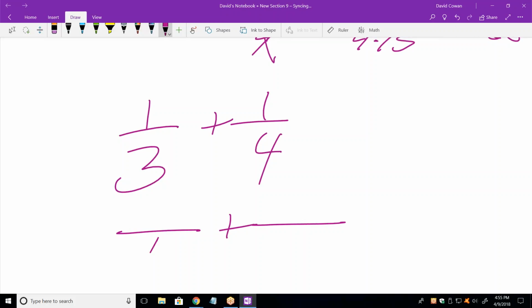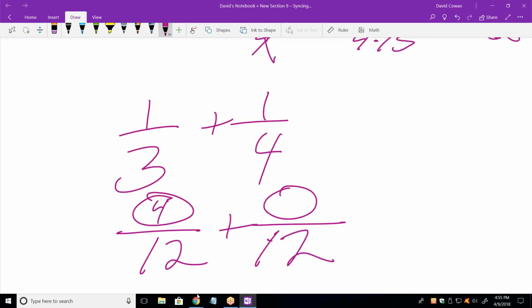Now I have to figure out what numerator has to go there such that this equals 1/3. 4 goes on the left and 5 goes on the right. Not 5. Divide 4 into 12. Divide 4 into 12? Uh-huh. 12 over 12 is the same as 1.